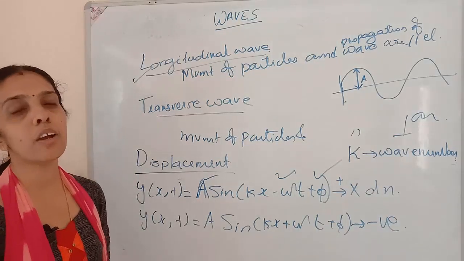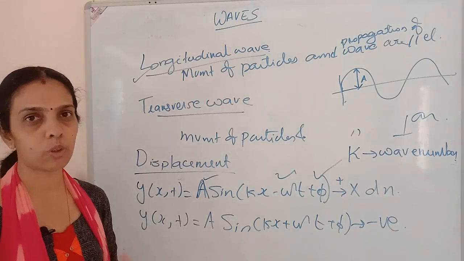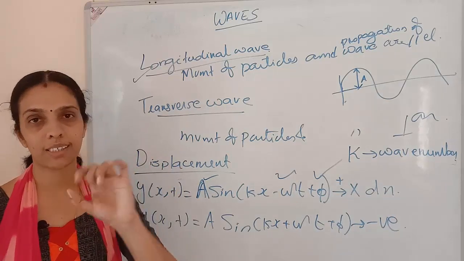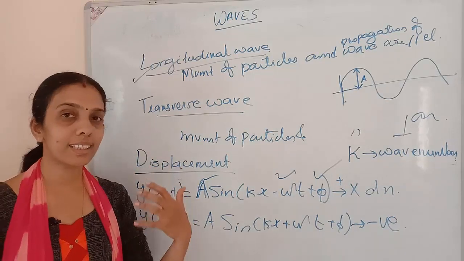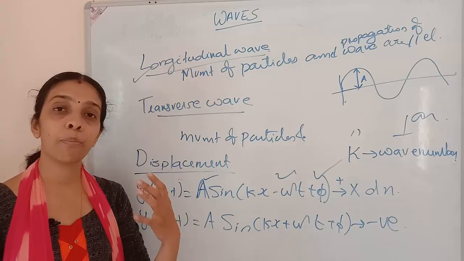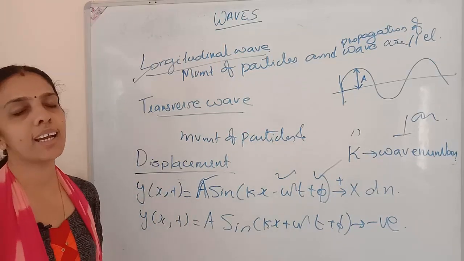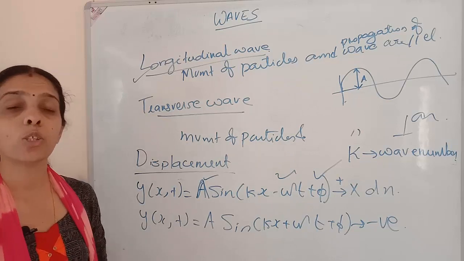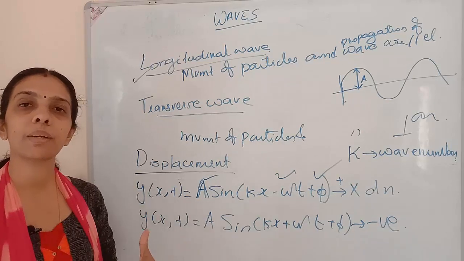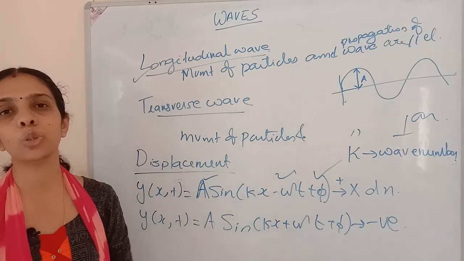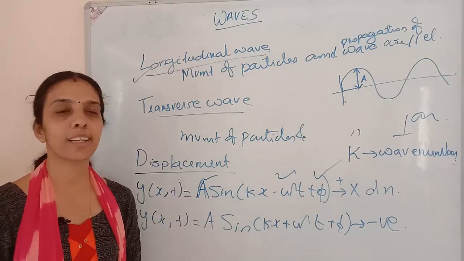Now, in oscillation we said the number of oscillations in 1 second, isn't it? Here in the case of a wave, we say the number of waves passing through a particular point in 1 second. That is called the frequency. So angular frequency means we convert it into angle, that is 2 pi times the frequency, that is the angular frequency.